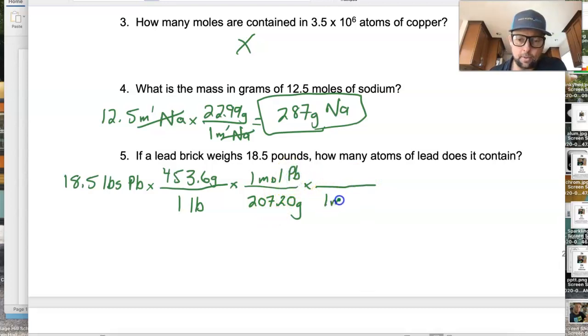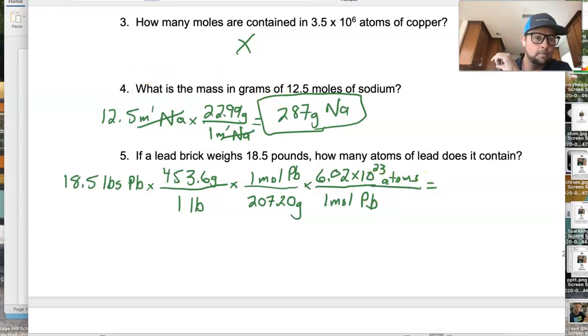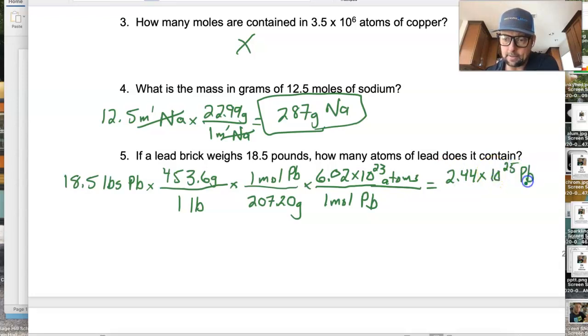And then every 1 mole of lead is, of course, 6.02 times 10 to the 23rd lead atoms. I'm going to pause for a second while I do this calculation. And I got 2.44 times 10 to the 25th lead atoms.